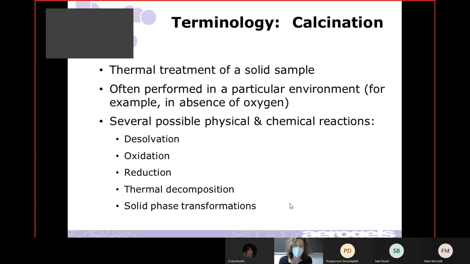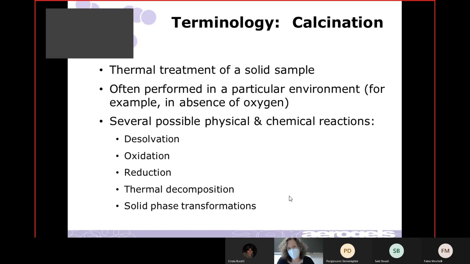And there can also be solid phase transformations. So in the simplest phase diagrams that we show for chemical species, we show solid, liquid, and gas or vapor, depending on your discipline, what you would call that. And you might see a supercritical fluid. But for very many species, there's actually more than one solid phase.